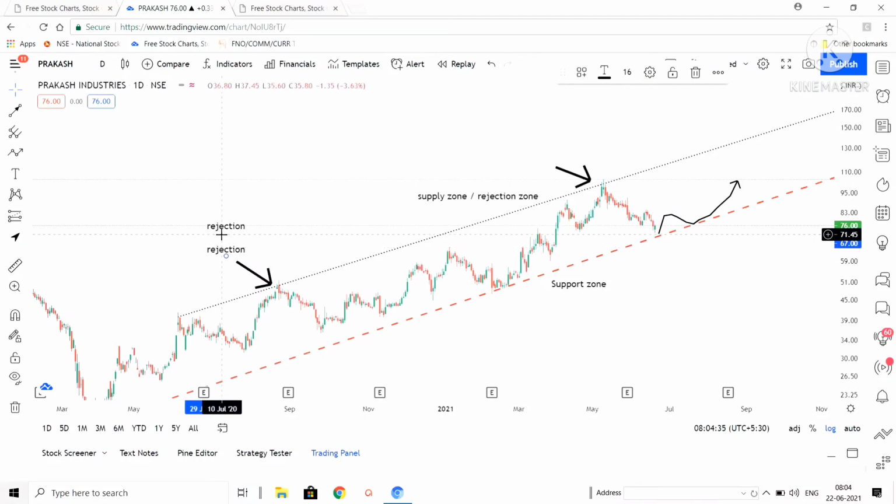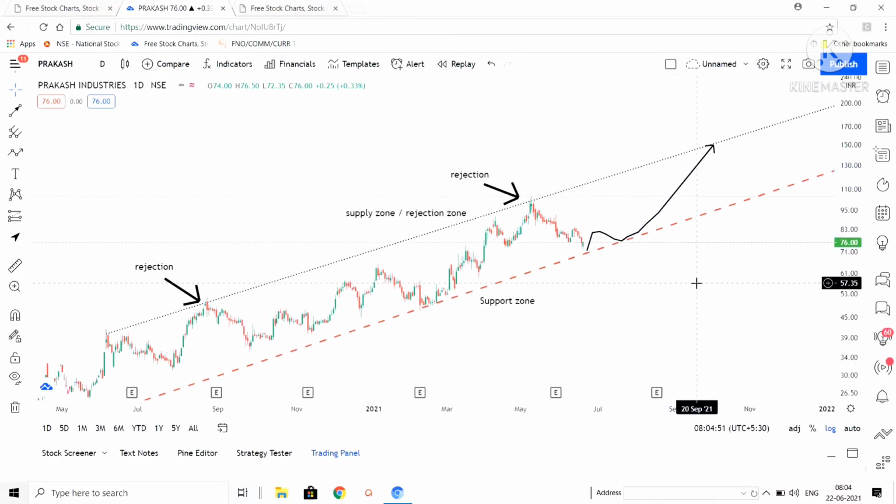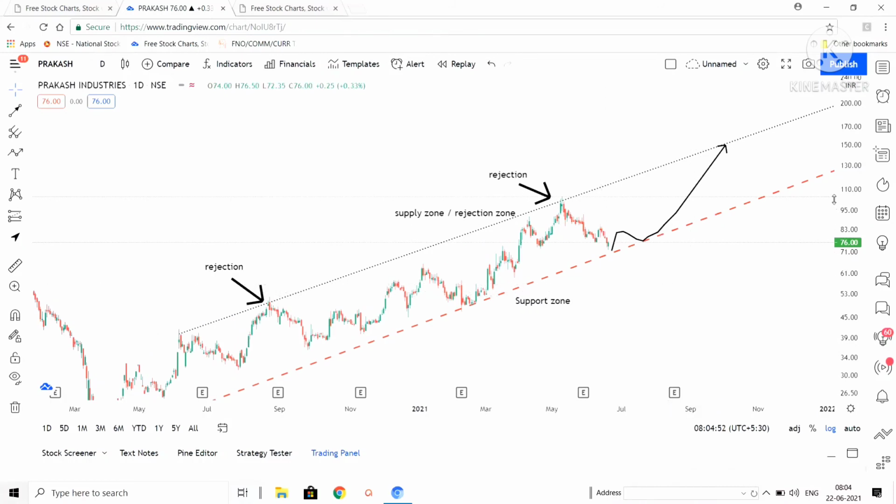And now we can mark our rejection points in two places. At the supply or rejection zone, the script can go further and it will get rejected over here. Whenever it touches the supply zone, we should close our trade.